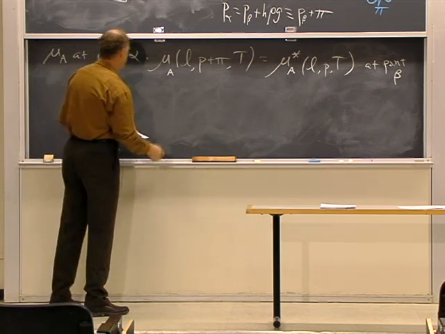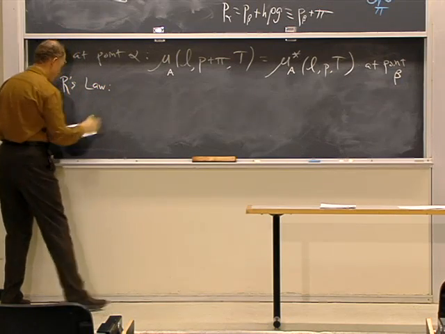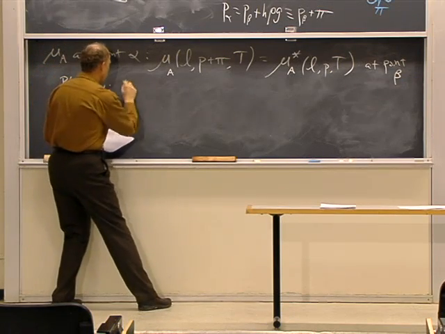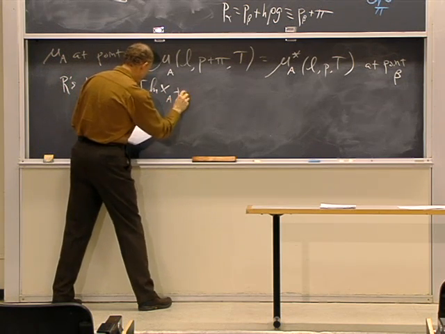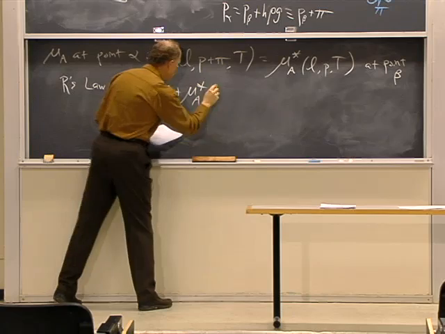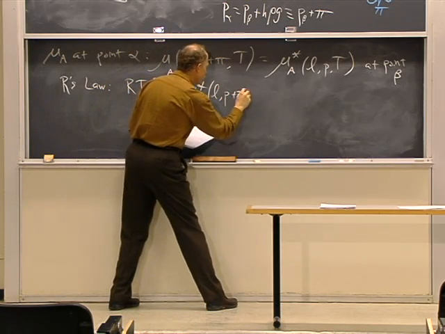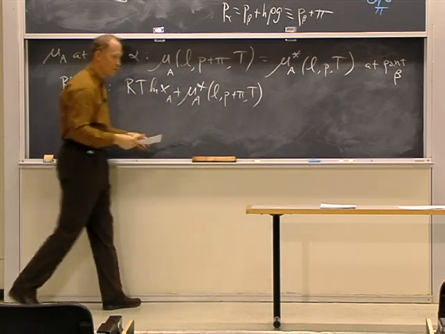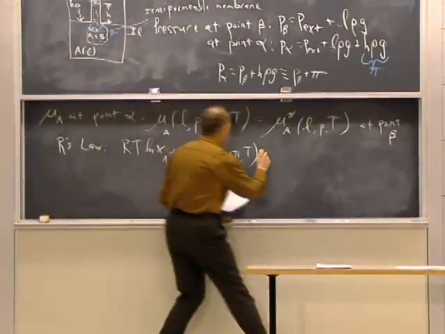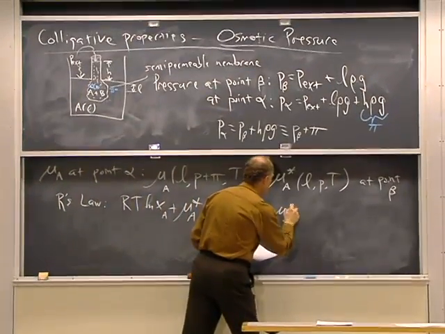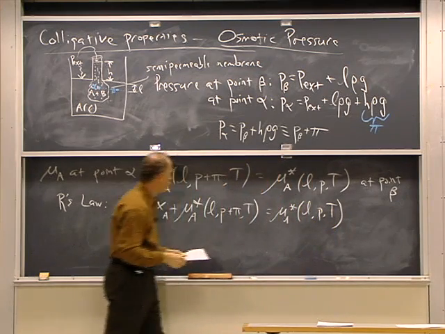And now we're just going to use Raoult's law. And what does that tell us? We have RT log of XA plus mu A star of the liquid at pressure P plus pi and T. So there's our chemical potential inside the container. And that's equal to mu A star of the pure liquid at point beta.